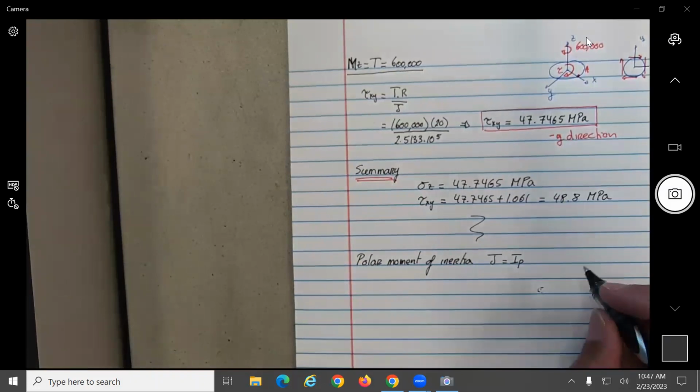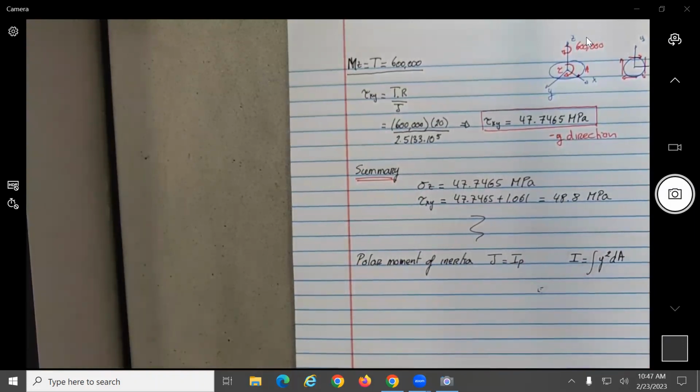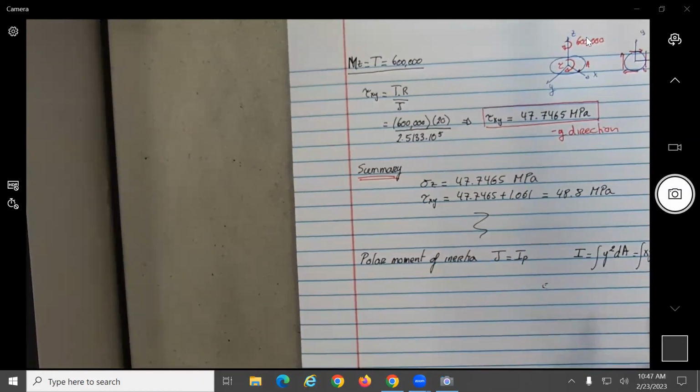Because the general definition of I or J is the integral of y squared dA, or x squared dA or xy dA, and for the polar it would be r squared dA. If the section is circular, you can find an easy relation between how x changes with respect to y. So you can calculate it.